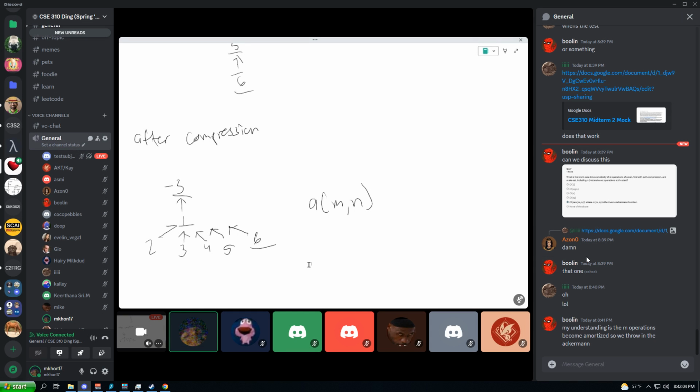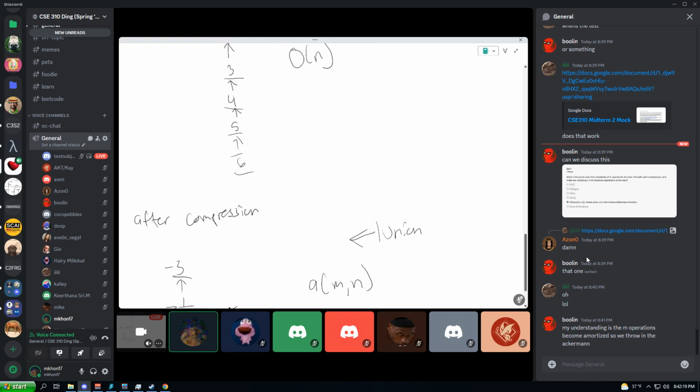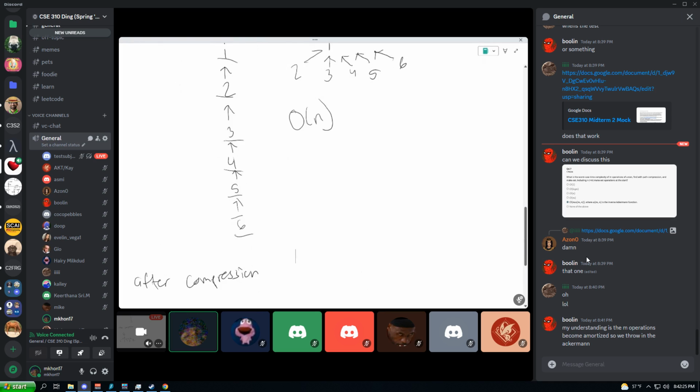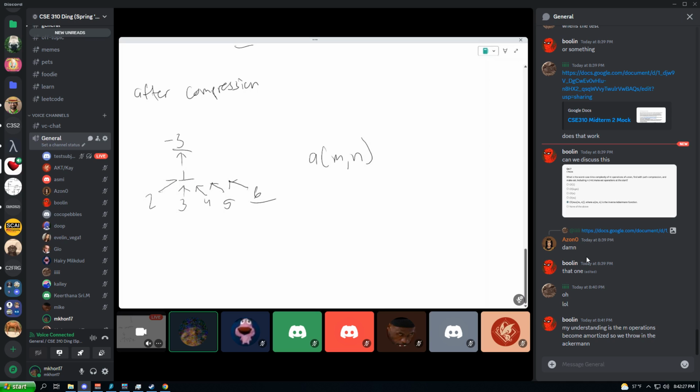So what I did here is a singular union expression. This is one union, so it's after I compressed. So that's amortized of n comma n. So if you do multiple unions, and the number of unions is represented by the letter m, then it would just be this times m.